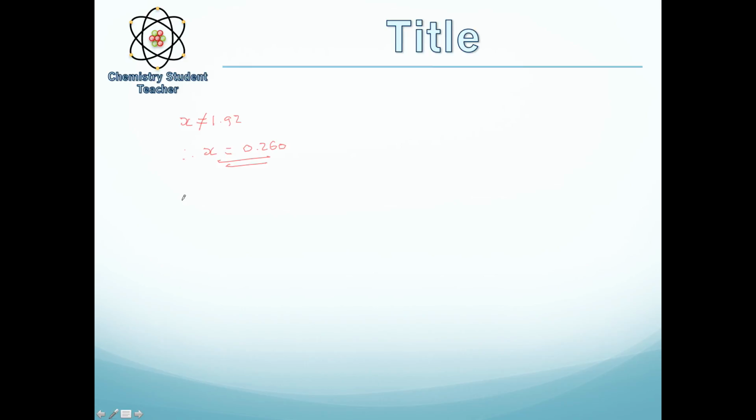So now what we can do is work out the concentrations of each. So the concentration of COCl2 was x, so therefore it's 0.260 moles per dm cubed.